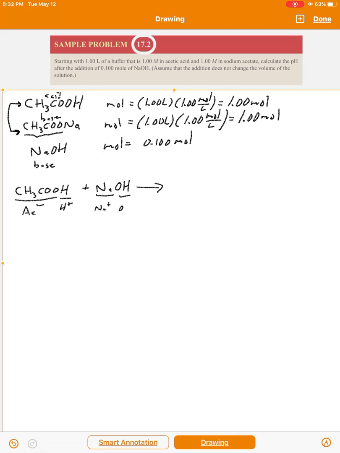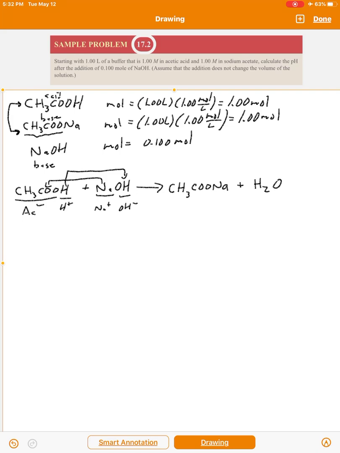Sodium hydroxide. So switch partners. The sodium goes with the acetate part, and the hydrogen ion goes with the hydroxide to form water. So you get CH3COONa, sodium acetate, and then you get H plus and OH minus, which is water.